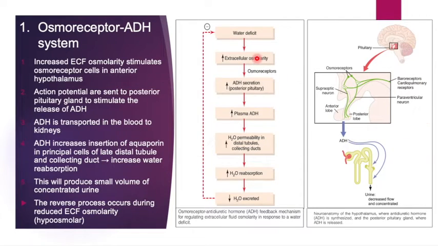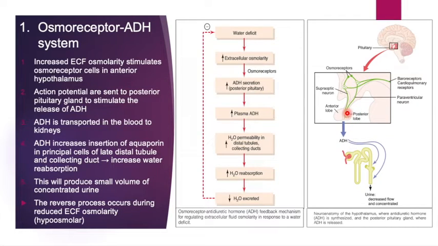When ECF osmolarity is increased above normal, or plasma sodium concentration increases, for example in the case of water deficit, osmoreceptor cells, which are special nerve cells located in the anterior hypothalamus, will shrink. This shrinkage will cause them to send signals to the supraoptic nuclei, which then relay the signals down the stalk of the pituitary gland to the posterior pituitary.